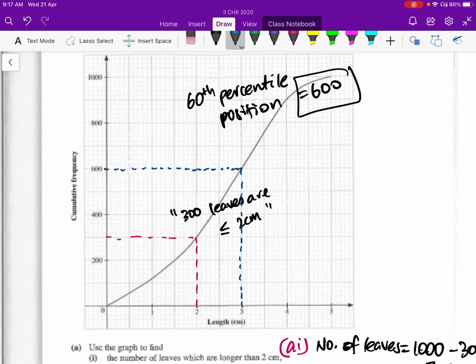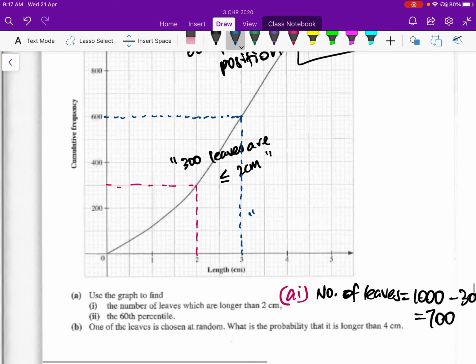Okay, what is the statement that we're going to make over here? What is the statement that we can make over here with this 600 and the 3 cm? 60%, okay, you're not wrong.